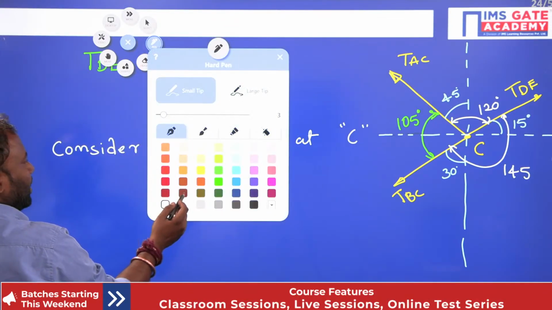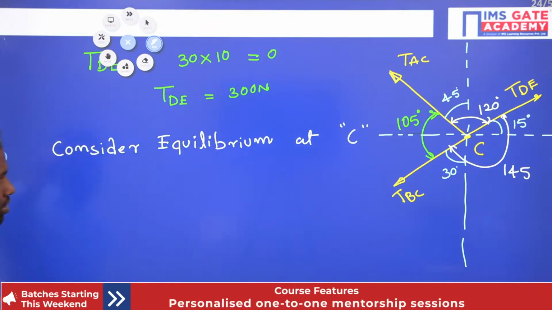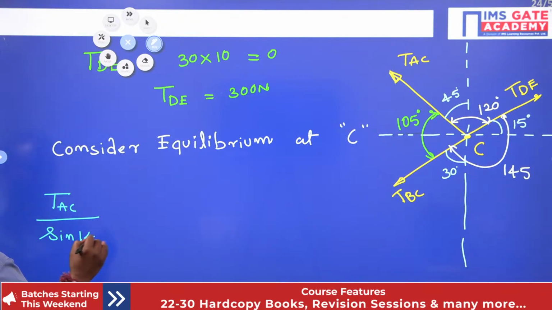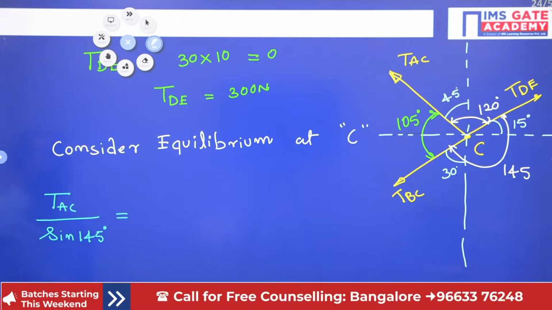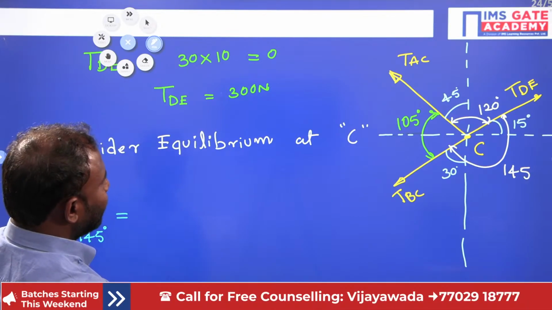Now let us write that. TAC divided by sine 135 is equal to this much. Next T divided by sine 120.